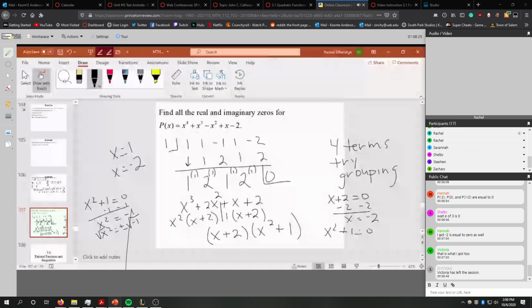It is a plus or minus when you use the square root property. And the square root of negative 1 is i. So x equals positive i, negative i. So we can get imaginary zeros. And since that's a fourth degree polynomial, I can have up to four zeros. So those are my 4 zeros. I should have 4 zeros, even if 2 of them are imaginary.